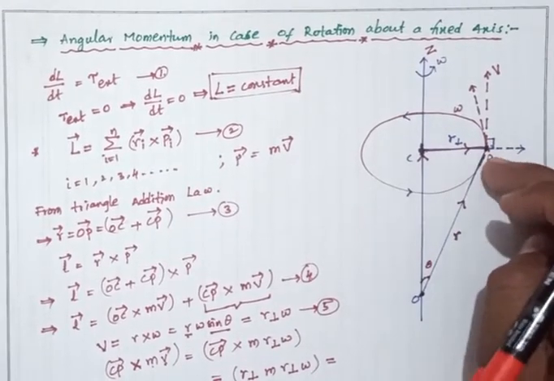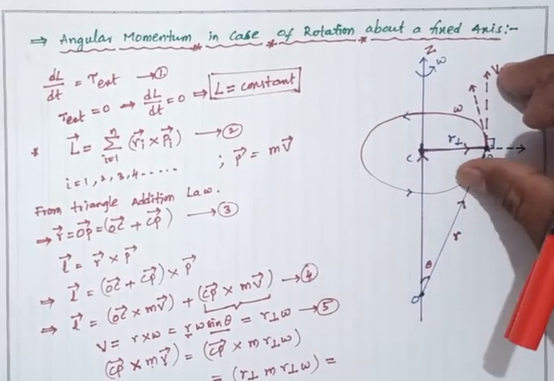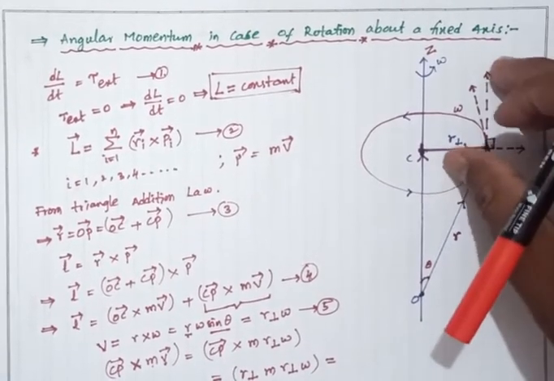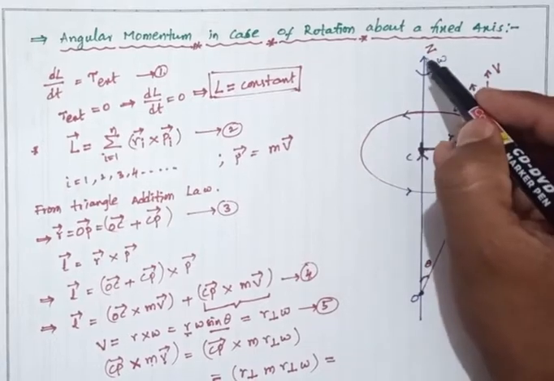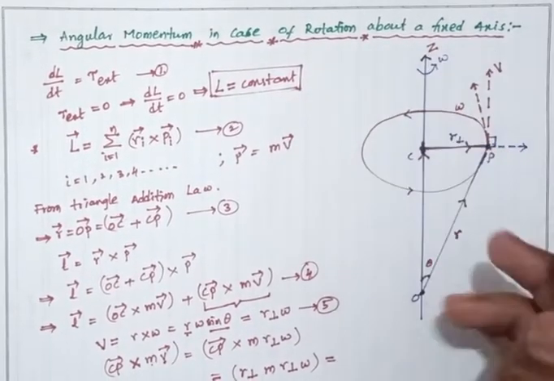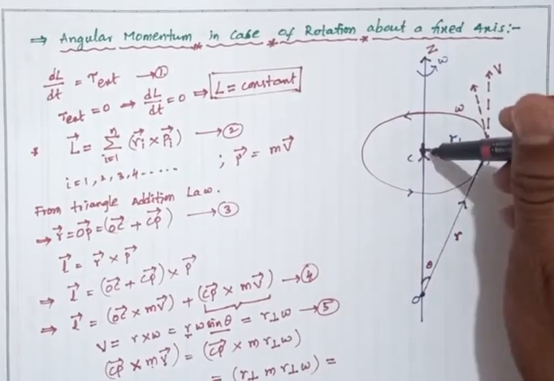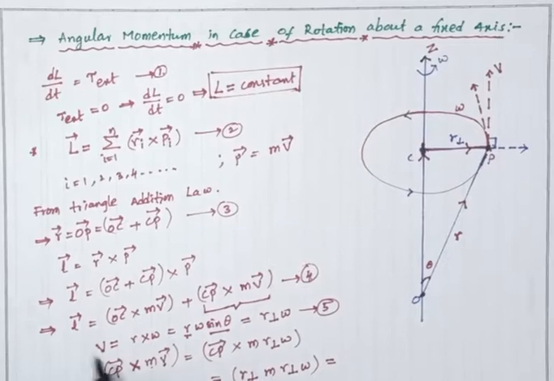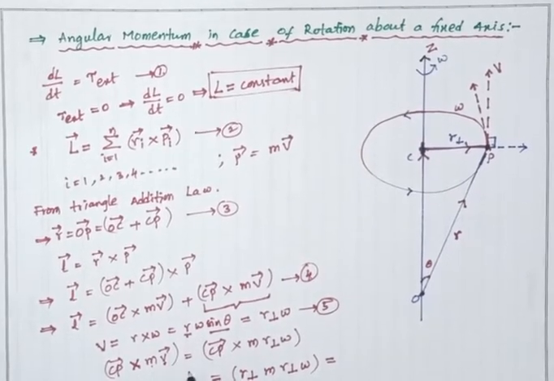CP bar and mV bar are perpendicular, so this plane is perpendicular to the z axis. This plane rotates around the z axis, so we can take the angular momentum along the z axis.